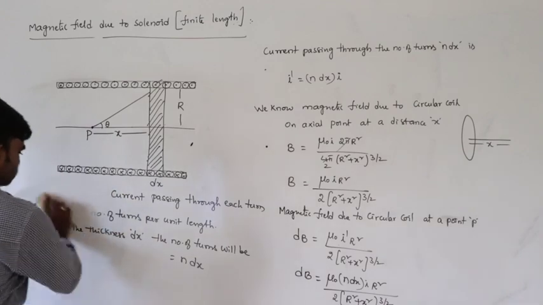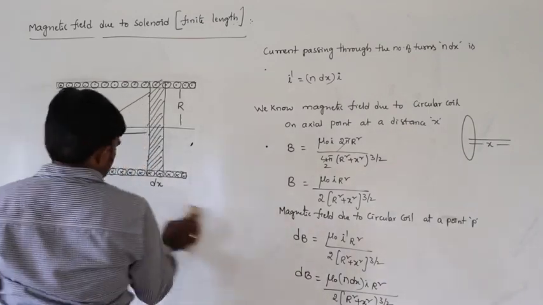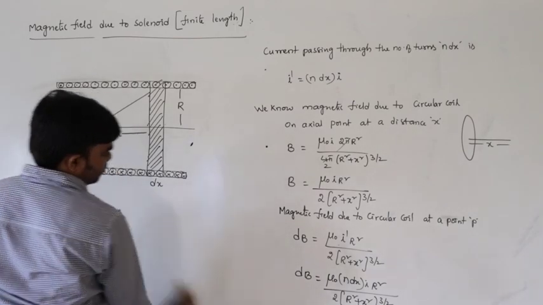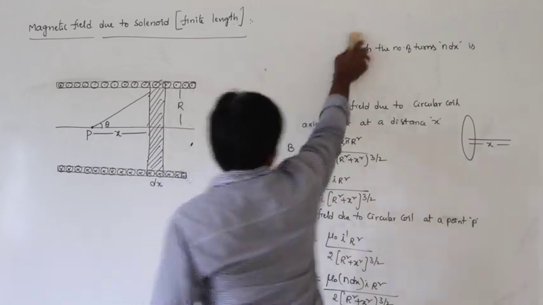Now, how can you calculate the total magnetic field? For that, remember this formula.